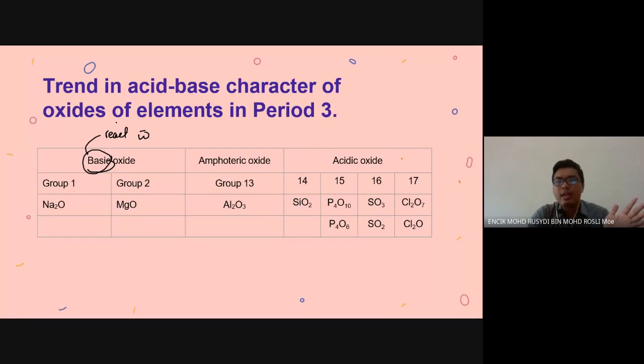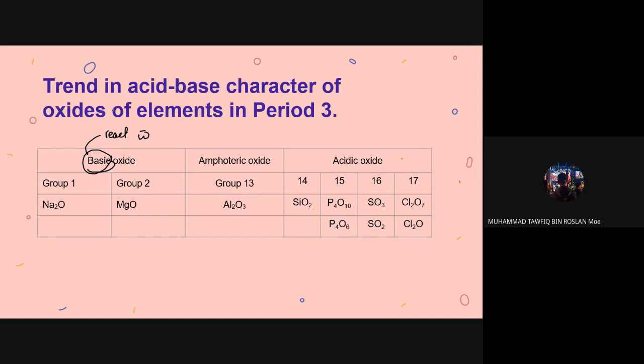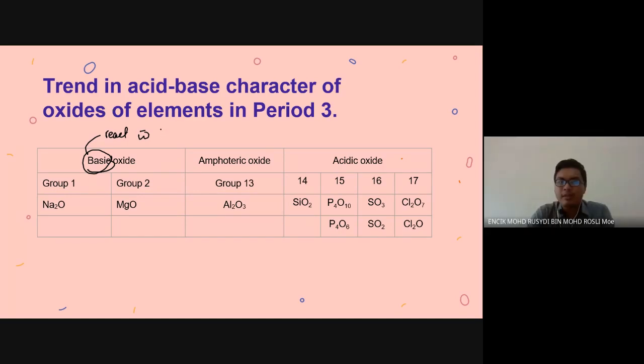Base alkali, dia bertindak balas dengan siapa? Acid. Ya, dia boleh bertindak balas dengan acid. Okay, so it can react with acid. For group 14 until 17, group yang di hujung di P block sana, okay, so acidic oxide.